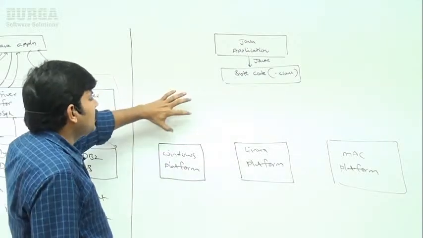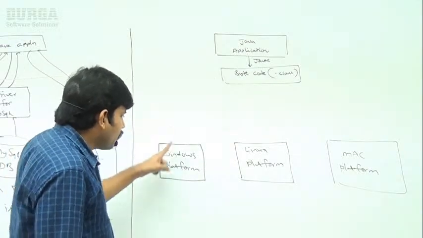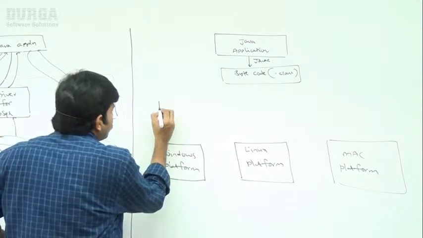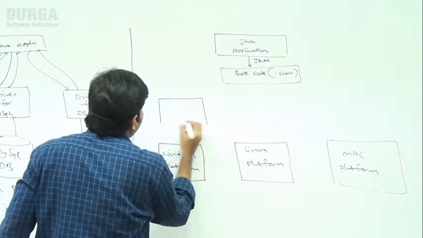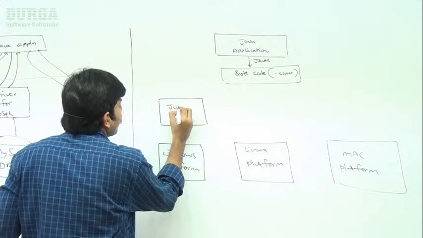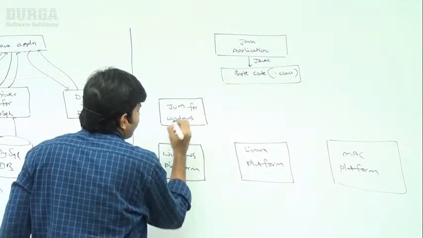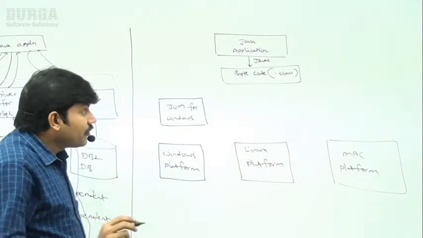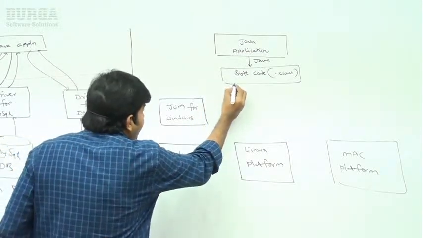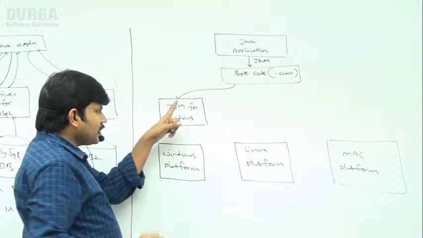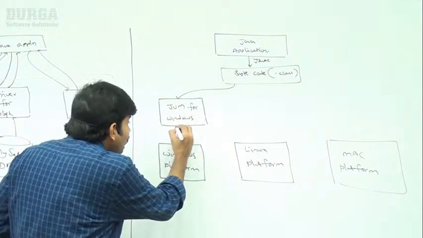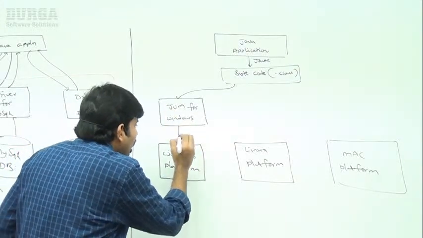Very simple. If you want to run this bytecode on Windows, then we should go for JVM for Windows. Are you getting it? The Windows JVM will take this bytecode and convert it into Windows specific machine code and then execute.